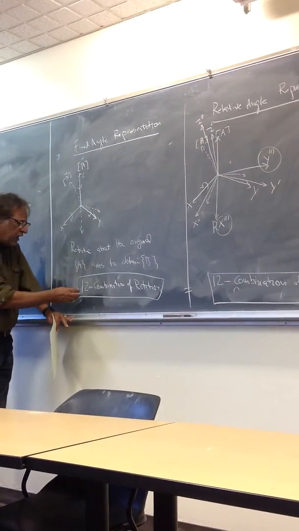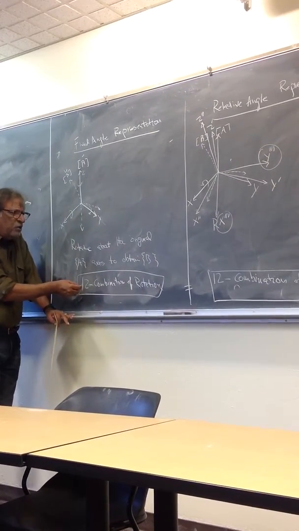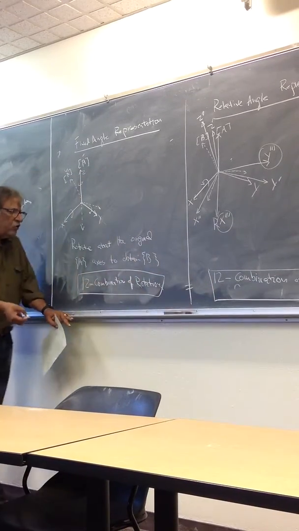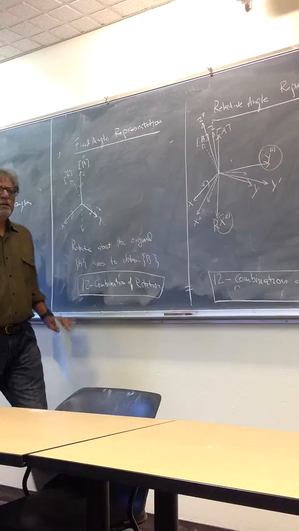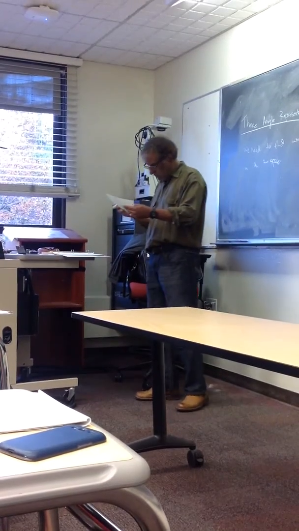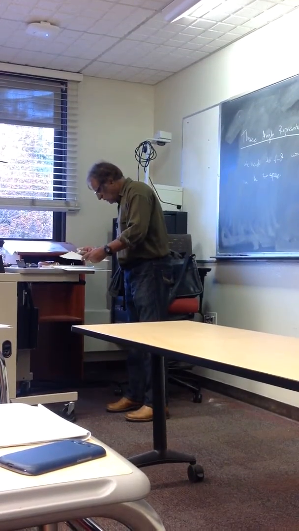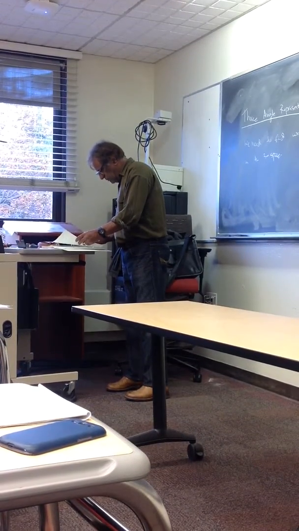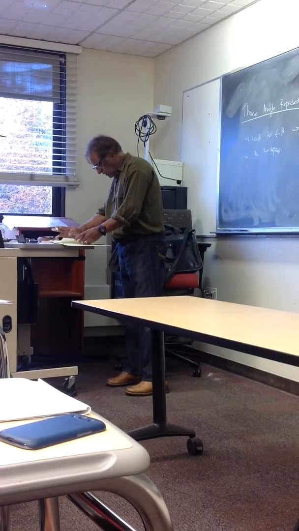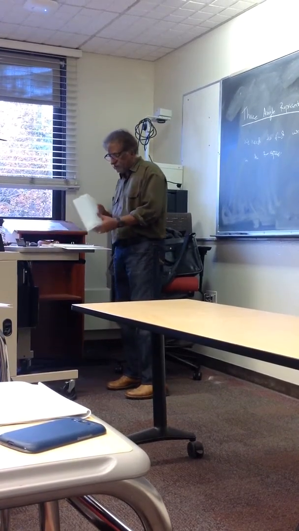So any combination that you find here, you can also find here. So in effect, there will be about 12 combinations of rotations that will take you from frame A to frame B. Okay?